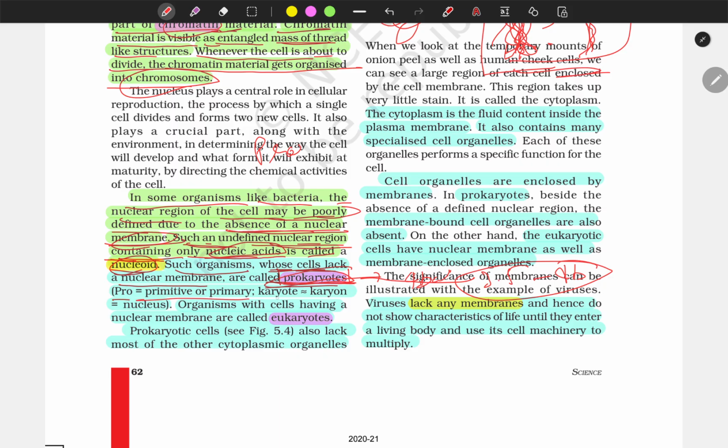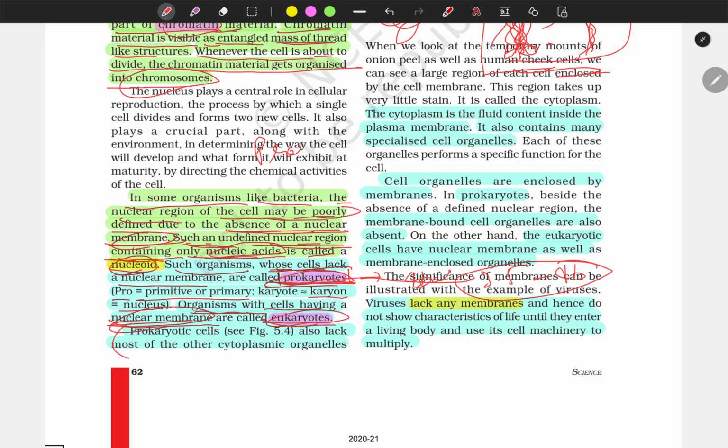So pro means primitive, and karyote means nucleus. The organisms with a cell having a nuclear membrane are called eukaryotic. Those organisms which have a nuclear membrane are called eukaryotes.